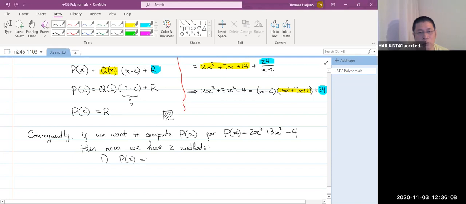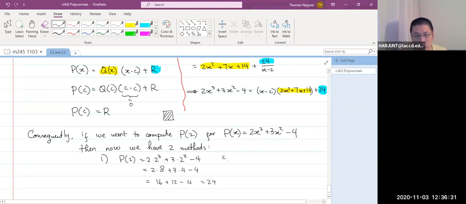P(2) equals 2 times 2 cubed plus 3 times 2 squared minus 4. That's 2 times 8 plus 3 times 4 minus 4. That's 16 plus 12 minus 4. That's 24. That's one way.